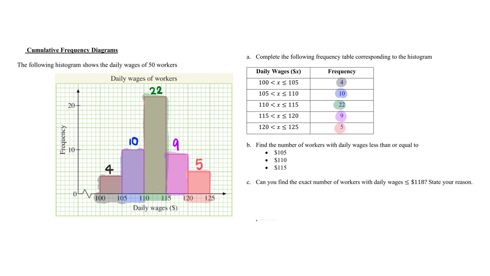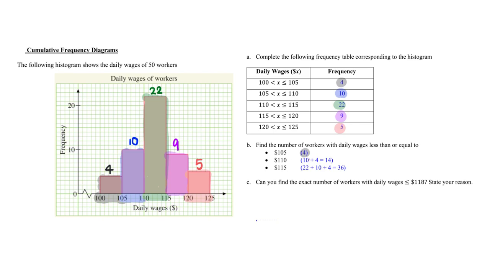Okay, and so the kind of questions they could ask us would then be: find the number of workers with daily wage less than or equal to 105. From this histogram, we could get that value easily. It is just 4.